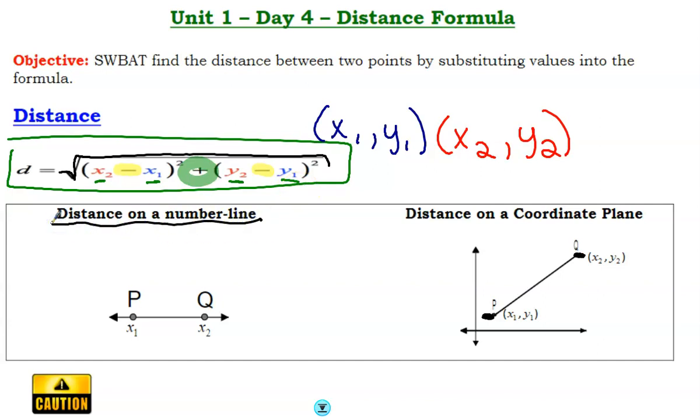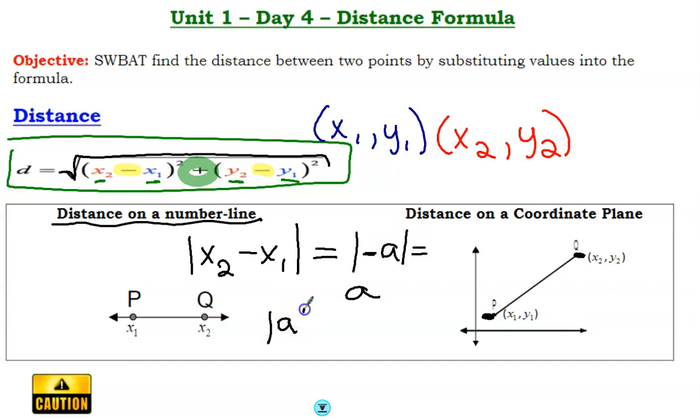So instead of putting it into a square root, because we don't have a y value, we would simply do x2 minus x1 in an absolute value. Okay, and when something is in an absolute value, let's say the answer is negative a, it becomes positive.